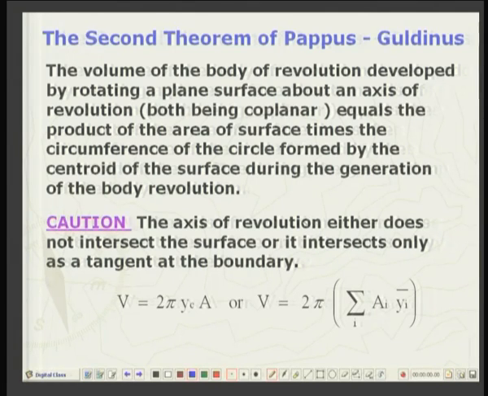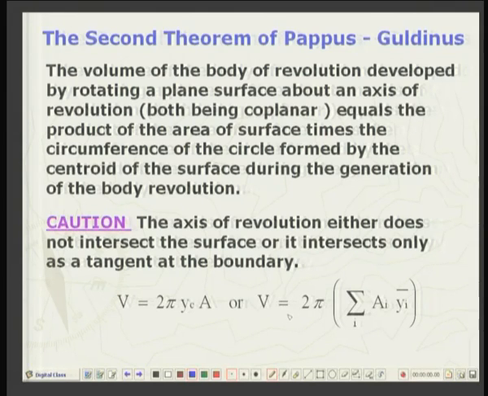Okay. So, the statement is that the volume of revolution is equal to 2 pi times the y coordinate of the centroid times the area of the generating surface.